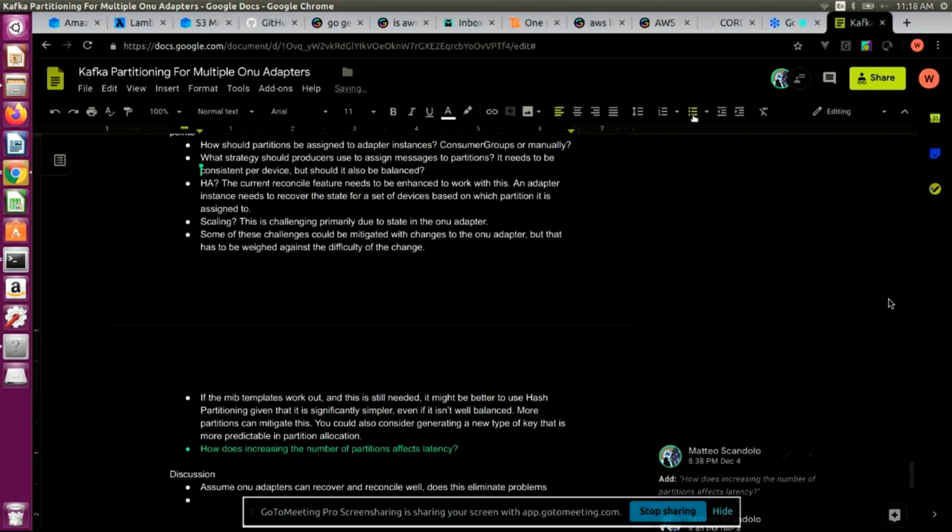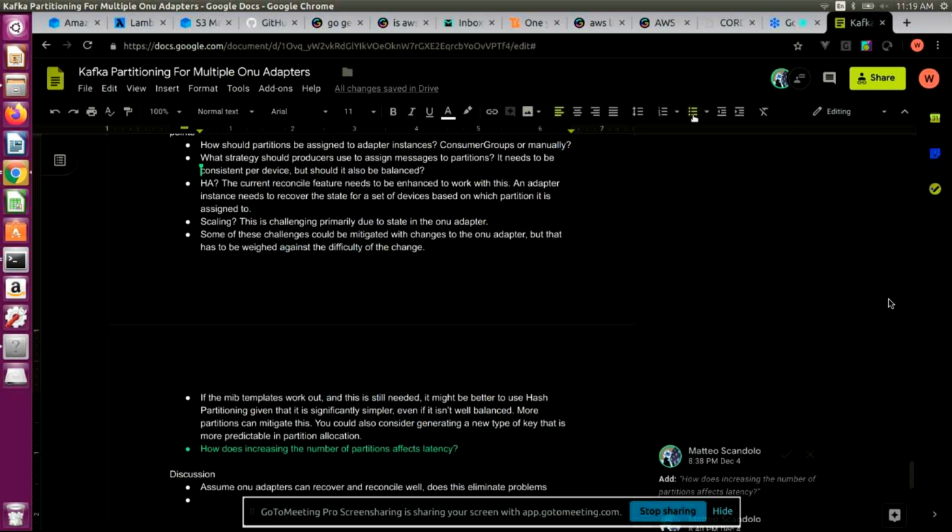So yeah, one of the most typical scenarios is the one where you have to add a partition to Kafka, and I discussed that. But Kafka can support quite a lot of partitions without any issue. You can have hundreds of partitions and only have 5 ONU adapters, and it would work fine.